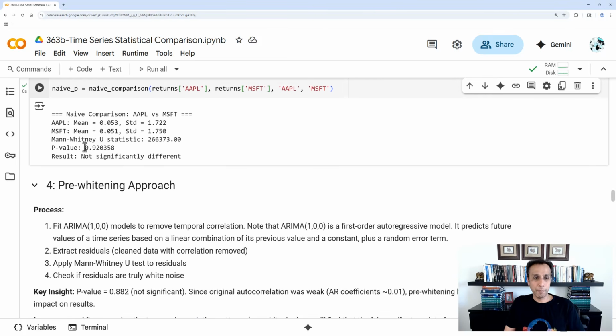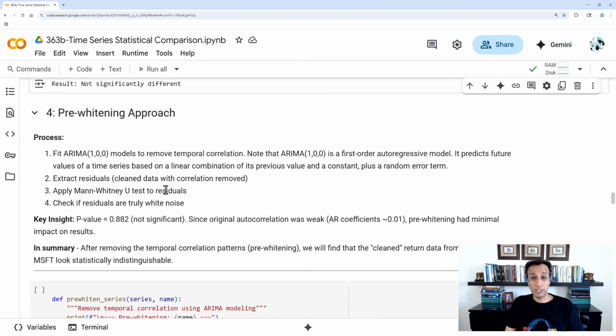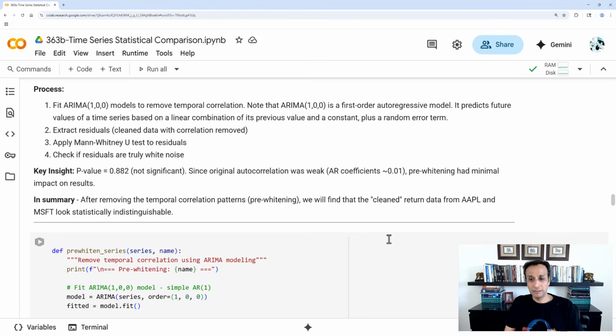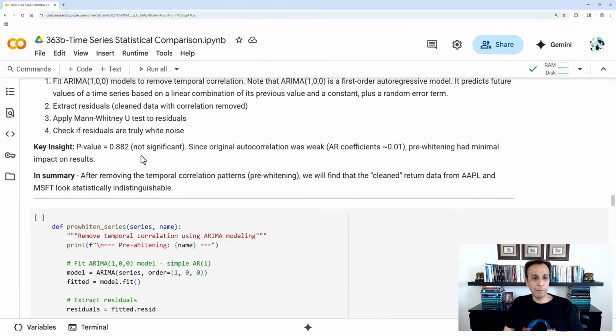Previously, we got a p-value of 0.92. Pretty much similar p-values with the autoregression fitting or pre-whitening approach, or with our naive approach. In both cases, it's very similar. So after removing these temporal correlation patterns, or pre-whitening, we'll find that the clean data from Apple and Microsoft look statistically indistinguishable. So that's what we will look at.